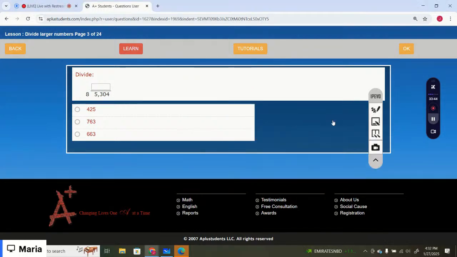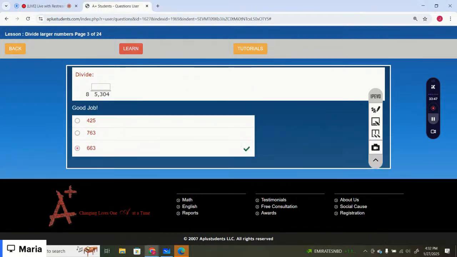That is 663. Option number 3 is the correct option.